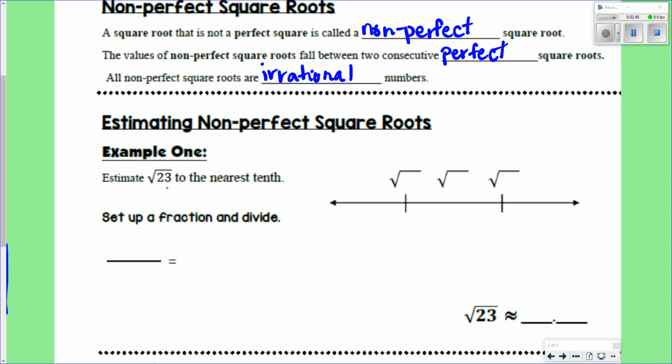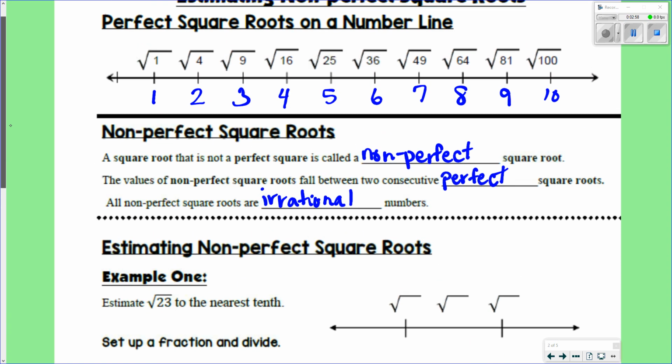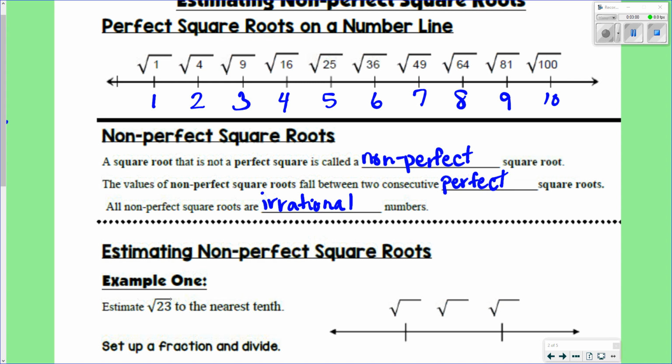There's not an integer. So the square root of 23 falls between, and we can look back up here at our perfect square root number line, and we can see that the square root of 23 falls right in between the square root of 16 and 25. So two consecutive perfect square roots is 4 and 5. Consecutive means a number right after each other.